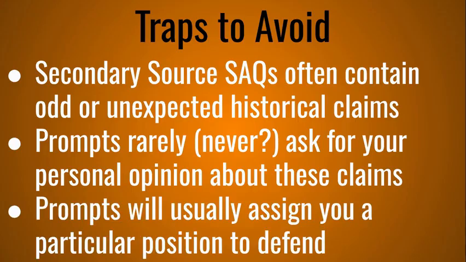It's going to assign you a position: what's one piece of evidence that would support this claim, or what's one piece of evidence that would go against this claim, but it will never ask you what you actually think. So, unless the prompt is new this year and one that I've never seen, don't end up arguing for or against the prompt based on your actual opinion. You can in your mind, of course, but that's not usually what the prompt is going to ask.